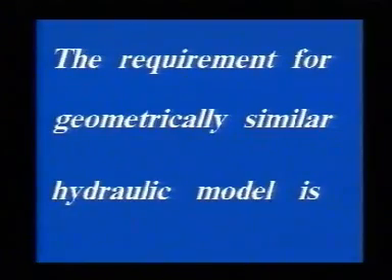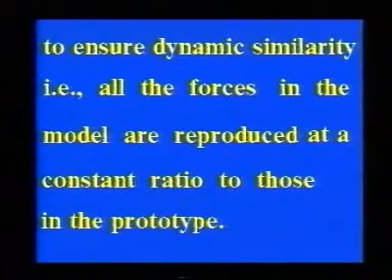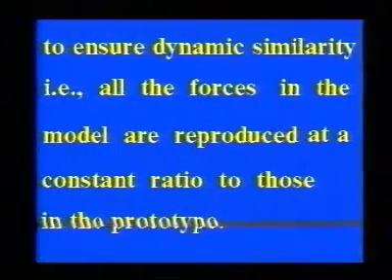The requirement for a geometrically similar hydraulic model is to ensure dynamic similarity, that is, all the forces in the model are reproduced at a constant ratio to those in the prototype.